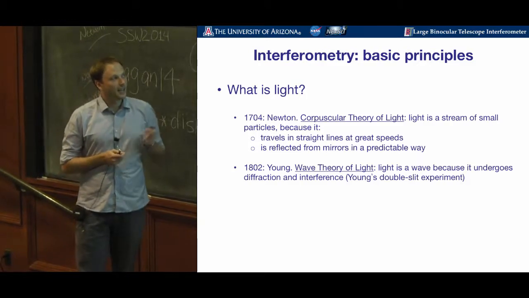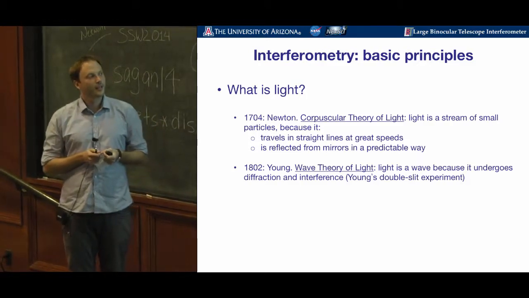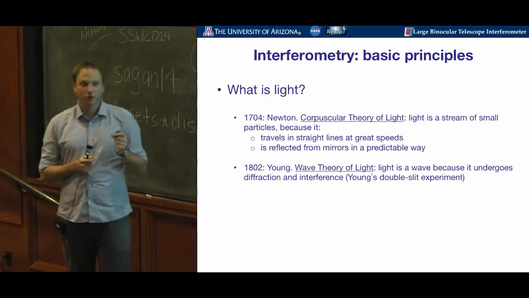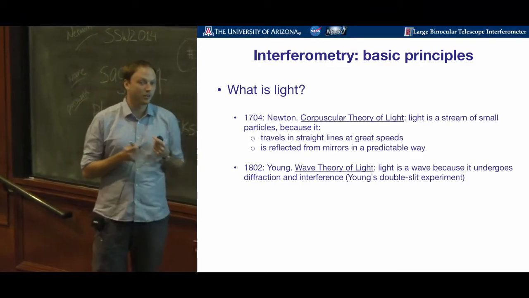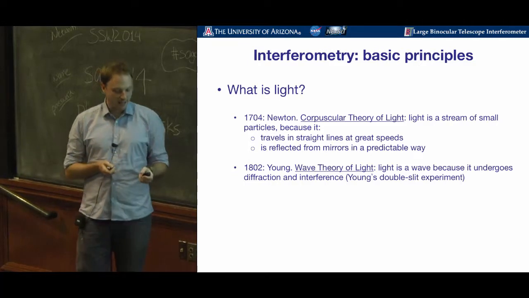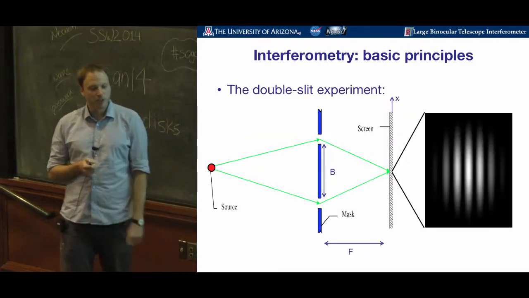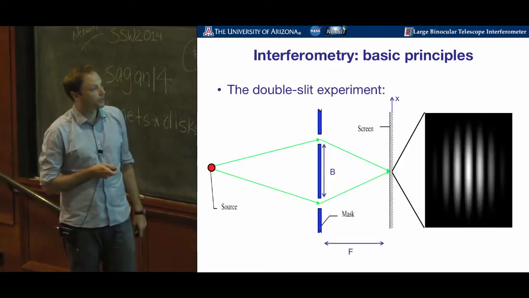But then in 1802, Young came and he said, no. Light is a wave because it's diffracted and it undergoes interference. And he had this now famous double-slit experiment.